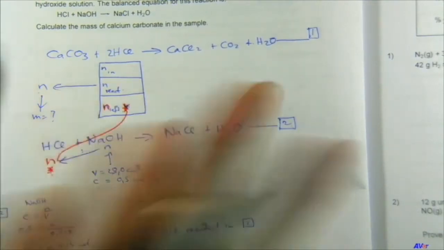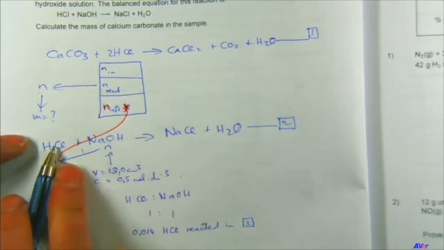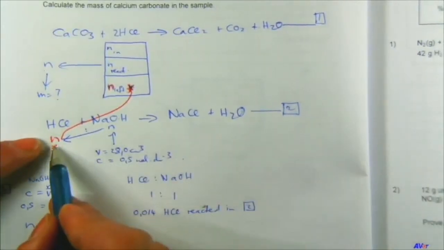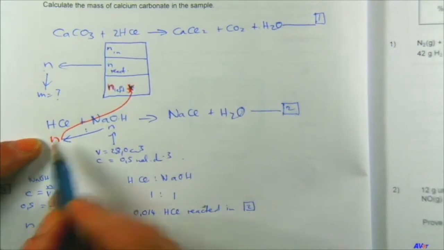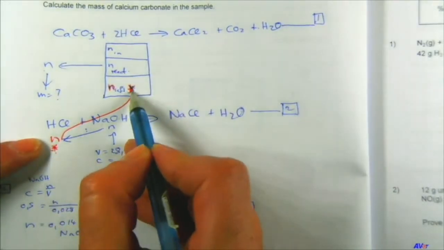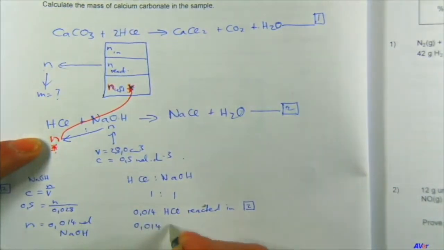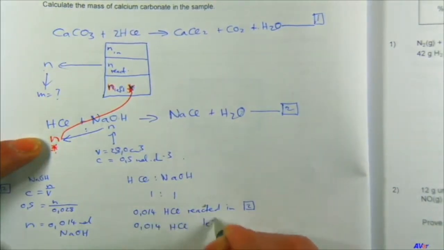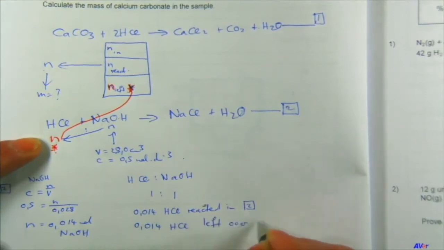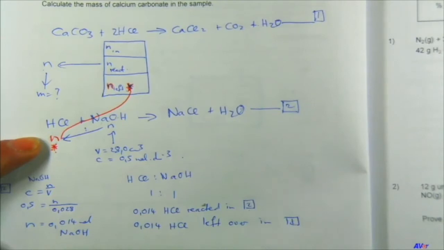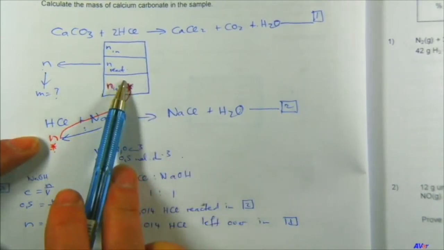So up to now, we've only worked with the second reaction. But what do we know? If that was what reacted in the second one, that was what was left over in the first one. So 0.014 HCl was left over in the first reaction. So now we have that one.